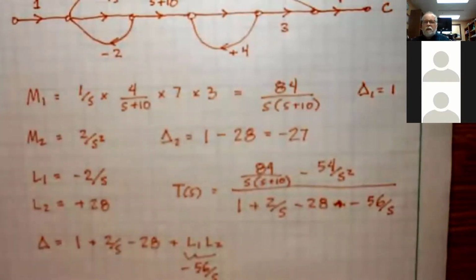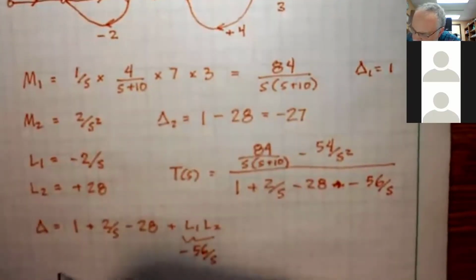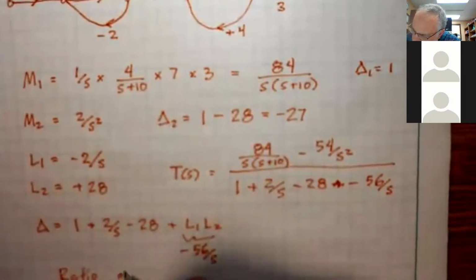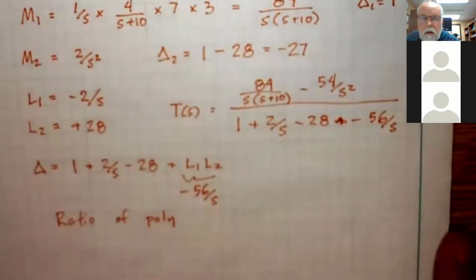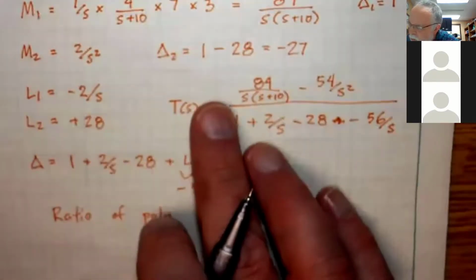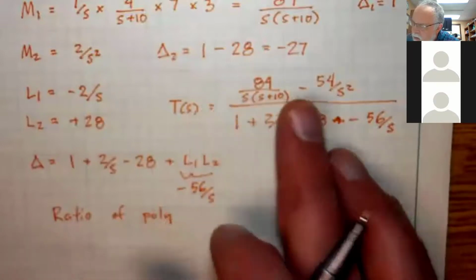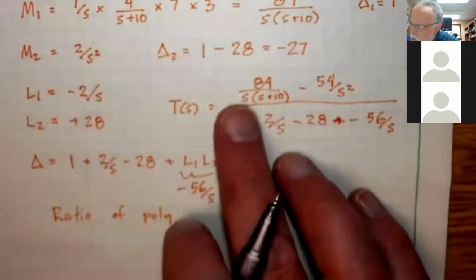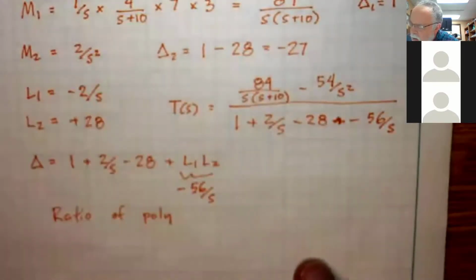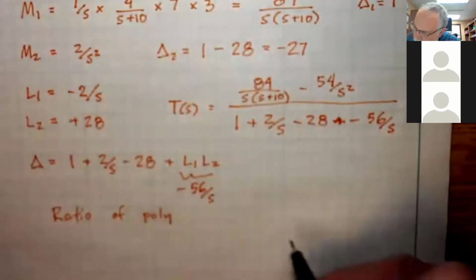Now, if we wanted to make these ratio polynomials, I would multiply through by S squared times S plus 10, top and bottom.